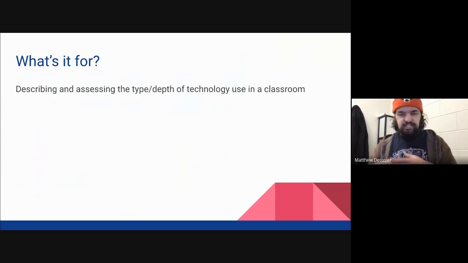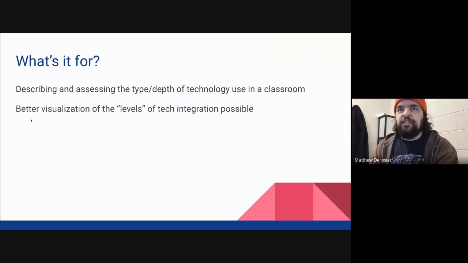Could I extend this a little deeper and have more meaningful technology use as I plan this? Am I just swapping something out for the sake of swapping it out, or am I actually intending to make this matter? Am I trying to make this so that when the student does this assignment, they're also learning skills that are going to apply in high school, college, their future employer?